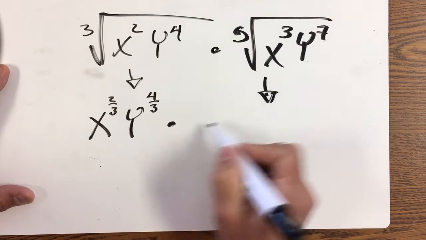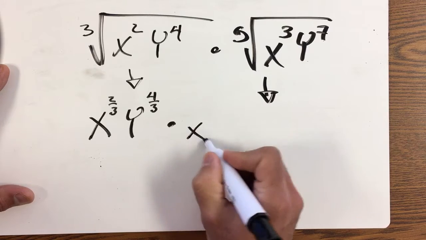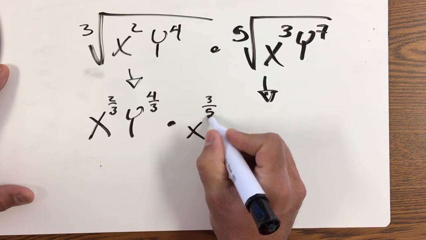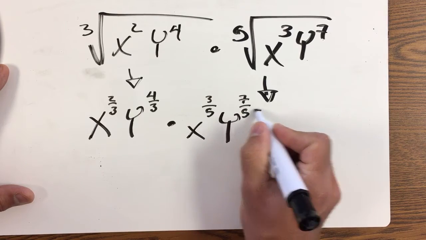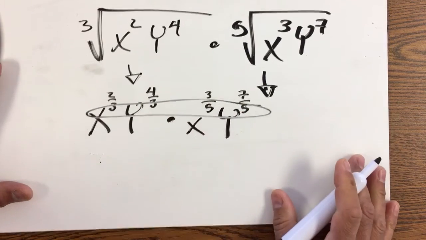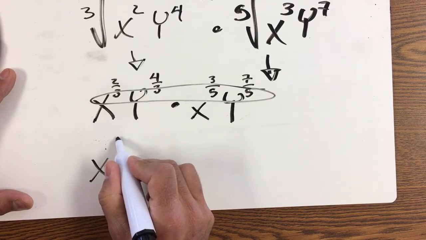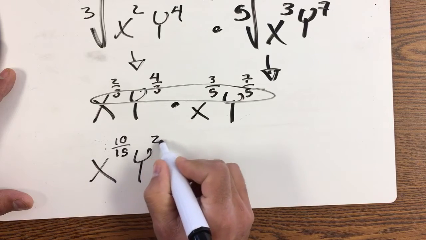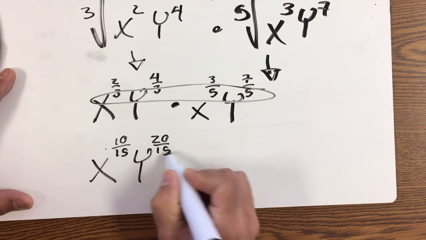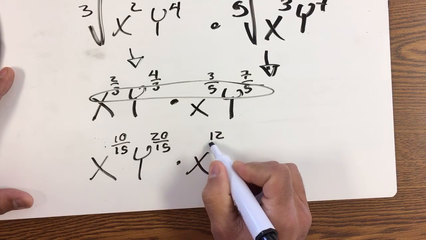This is going to be, well, I'm going to write it over here, but it's coming from there. x to the 3/5, y to the 7/5. So now I'm looking for a common denominator with these, which is going to be 15. So it's going to be x to the 10/15, y to the 20/15 times x to the 12.